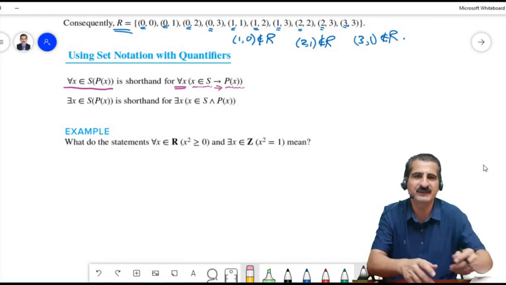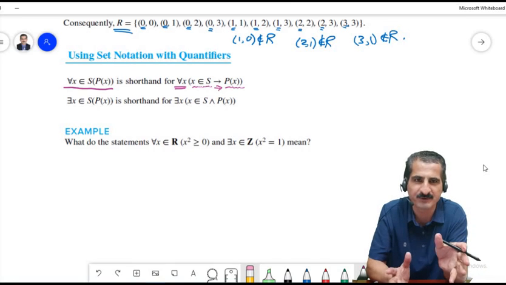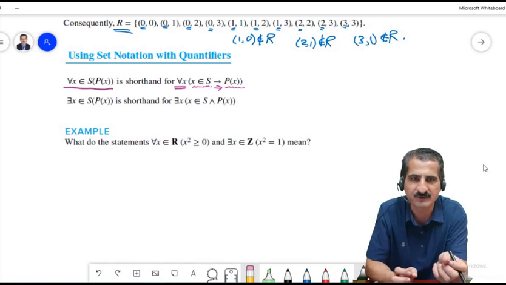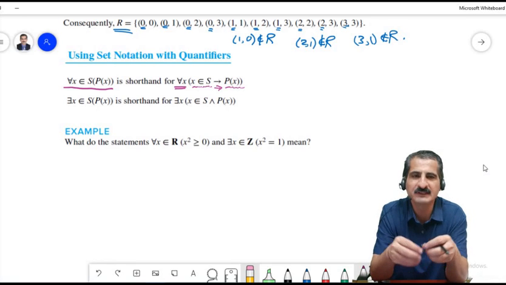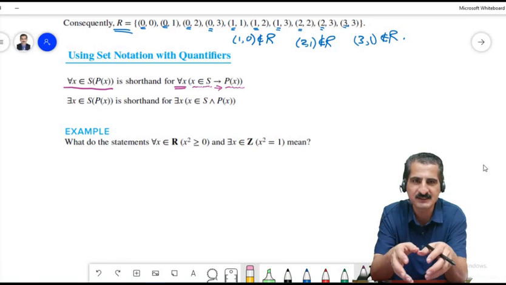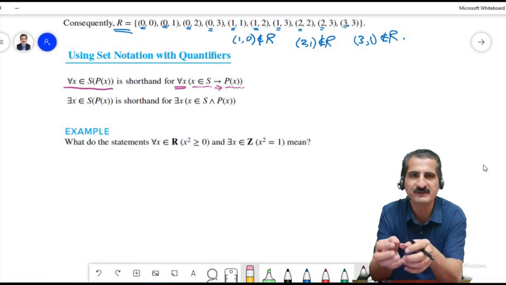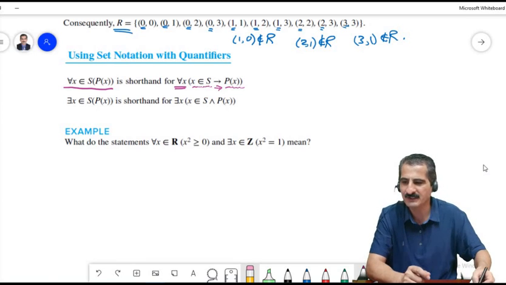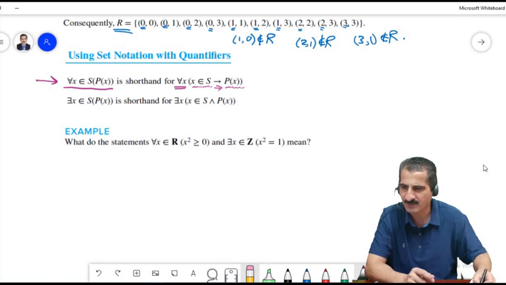For every x in the set S, P of x happens. So we will write it this way: for every x in S, P of x. That means every element of S will satisfy the property P of x.